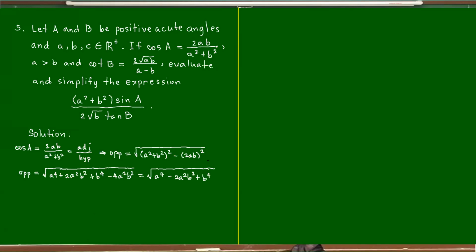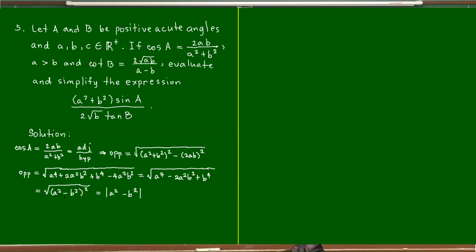Okay? Now, what do you notice in the radicand, guys? This is a perfect square trinomial, right? So that can be factored into (A squared minus B squared) quantity squared. What's the square root again, guys? That is the absolute value of A squared minus B squared.